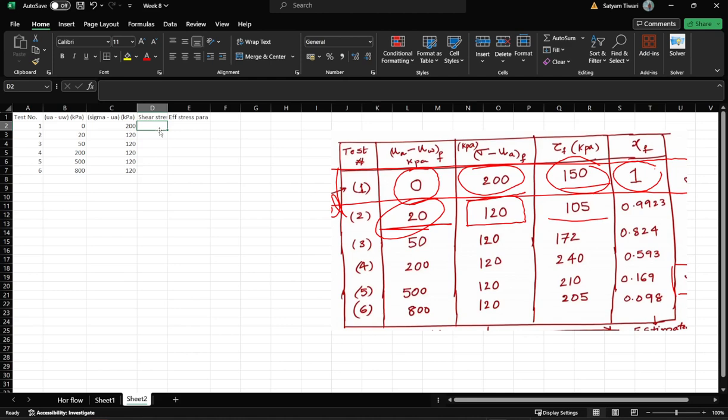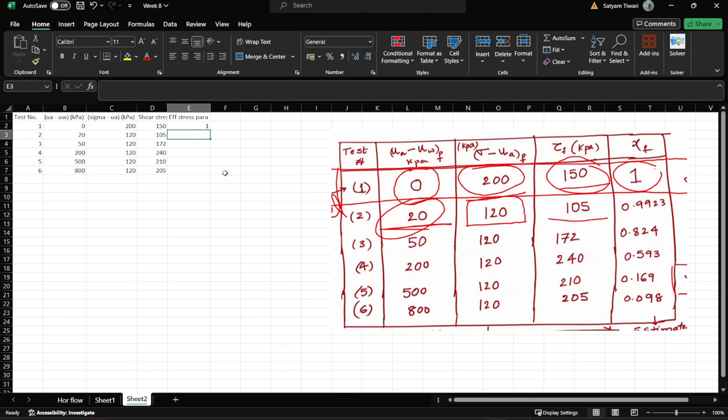Then we'll have the shear stress values of 105, 172, 240, 210 and 205. For the first one, we have determined the effective stress parameter as 1. For the second one, let's calculate it.